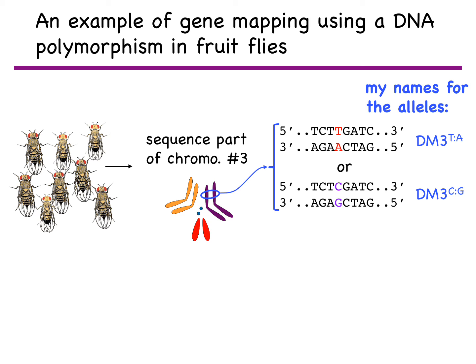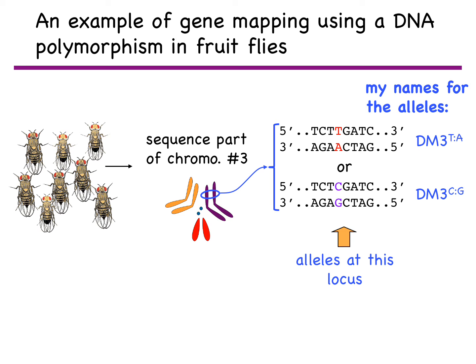So I'm just going to come up with names to designate these different alleles. One is going to be DM3TA, and one is going to be DM3CG. The DM stands for Drosophila melanogaster. The 3 is because it's on chromosome 3, and the TA and CG designations just distinguish the two alleles.